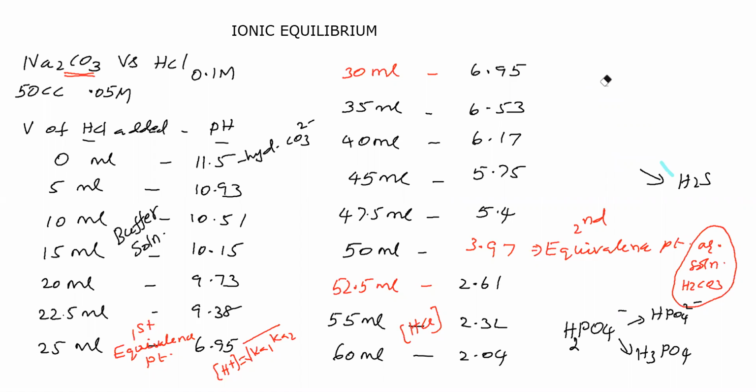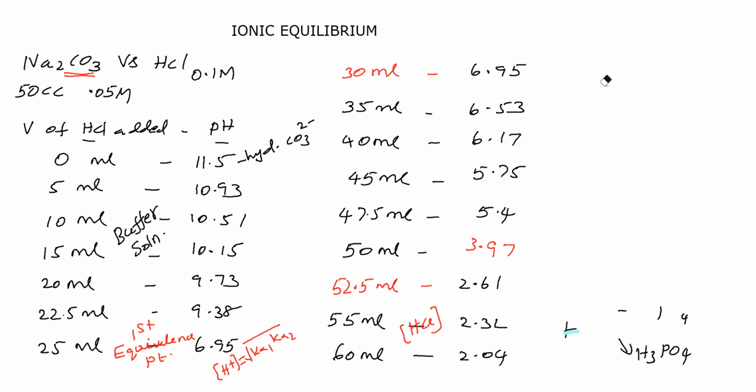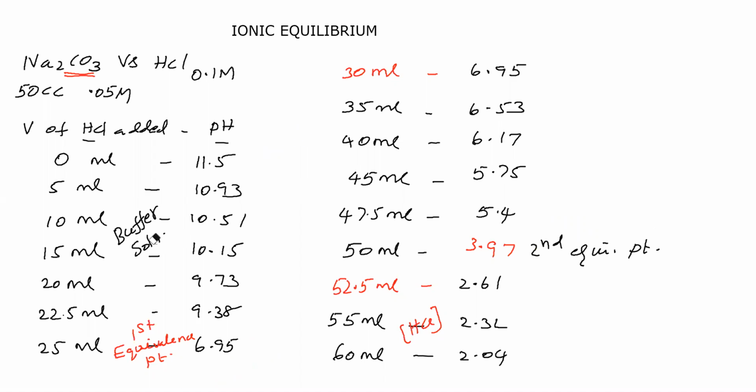Next, what is the suitable indicator for this titration? In this titration, we are having two equivalence points. As per which equivalence point we want, we have to use the indicator. If you want the first equivalence point, use the indicator which indicates color change at the first equivalence point.